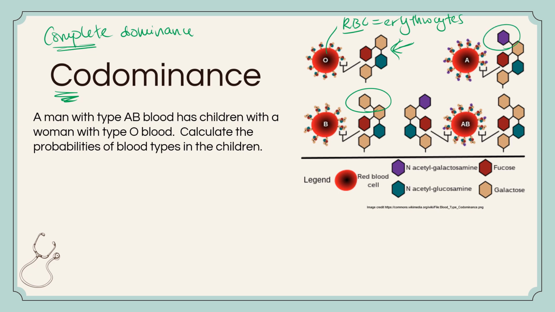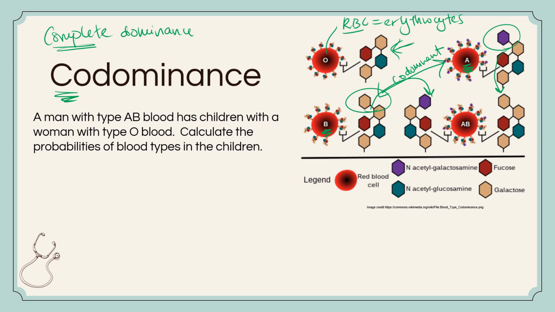What's pretty cool about the A glycoprotein and the B glycoprotein is that these two are what we call codominant. And so if you have both the A and B alleles, then you put both of those glycoproteins on your red blood cell.